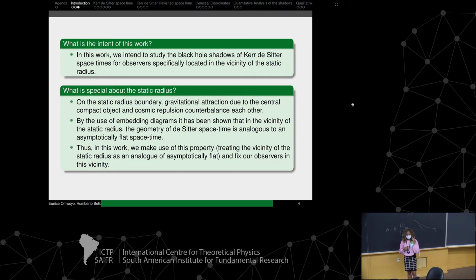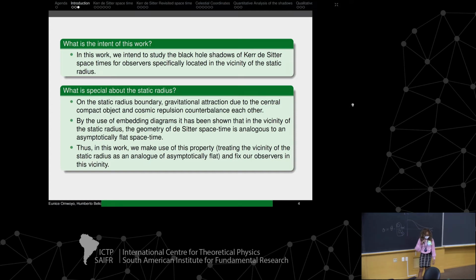In this work, we were trying to study something new, where we place our observer in this Kerr-de Sitter spacetime in the vicinity of the static radius. Why do we consider this?